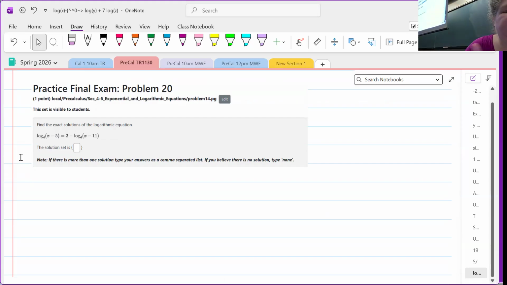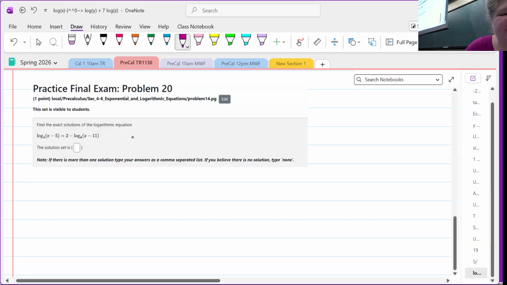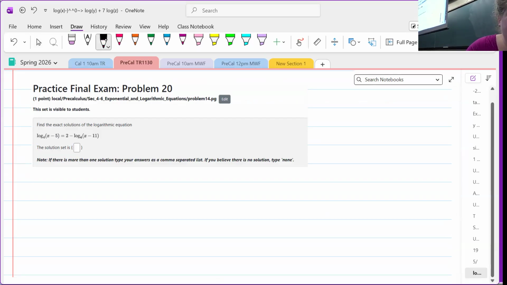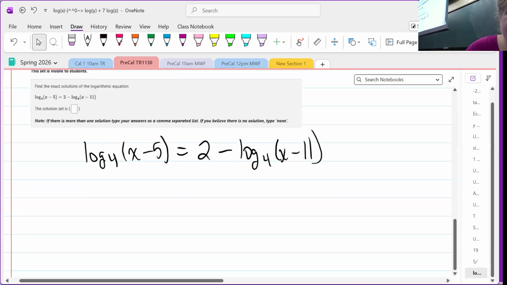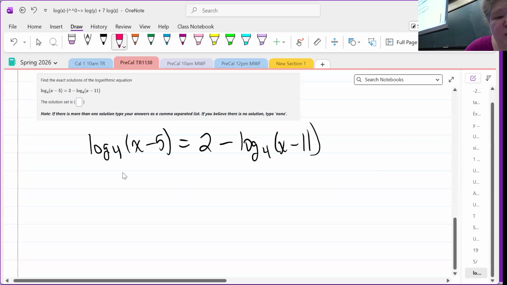So the only difference between 19 and 20 is 20 starts with the logarithms on different sides of the equation. So our first step is going to be to make this one look like the previous one. In order to get my logarithms together, I need them all on the same side of the equation.